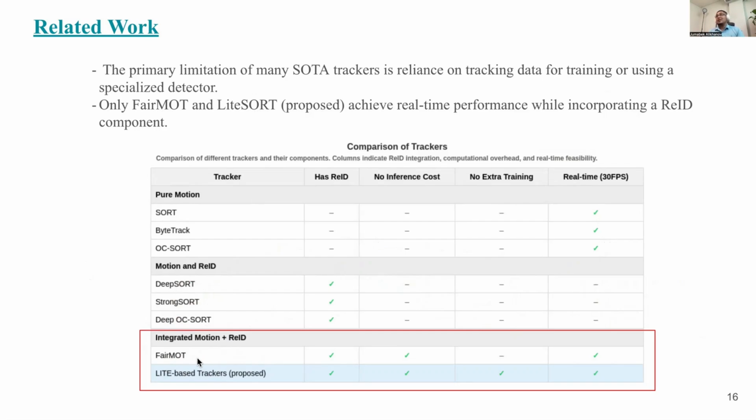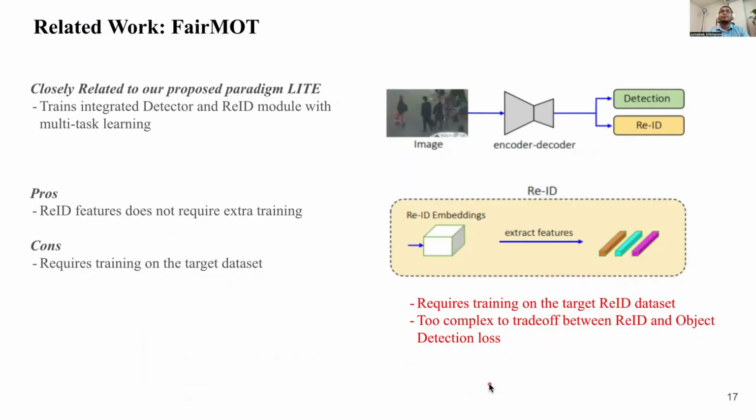It's one CNN network, and they solve both the ReID and object detection, right? However, they require extra training. And unlike FairMOT, LITE-based trackers do not require extra training. So this is really the practical aspect of LITE.